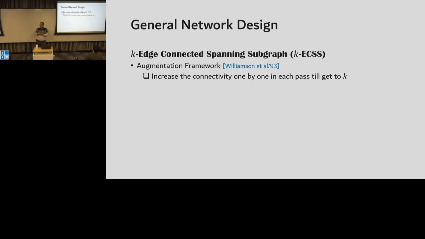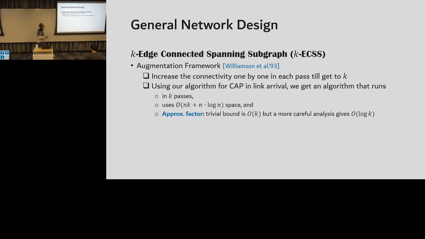In the first pass, I make a tree, and then in the second pass, I can augment the connectivity of the tree to 2, and so on. By the algorithm I described, it's a very simple extension. In k passes, we can use nk plus n log n space, and the trivial approximation bound would be order of k.